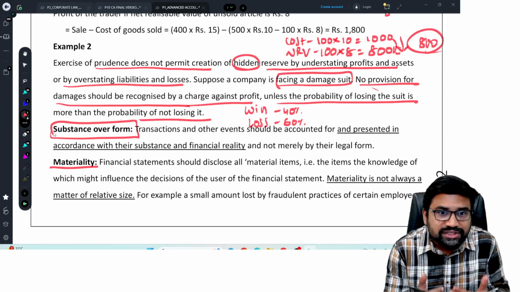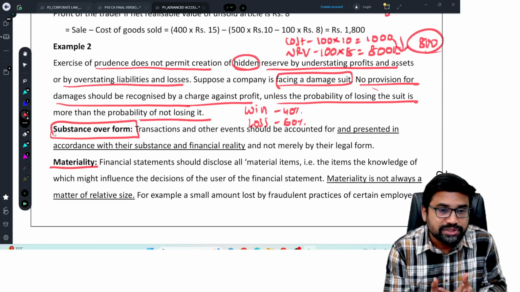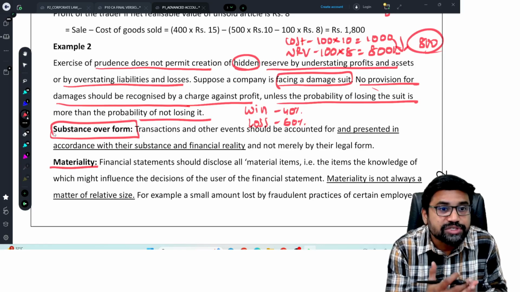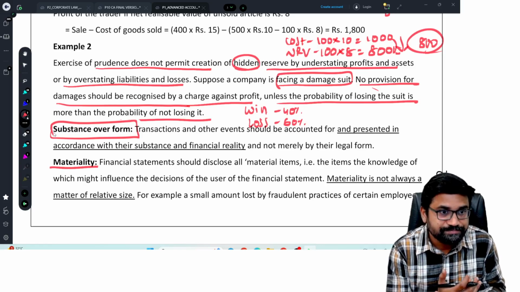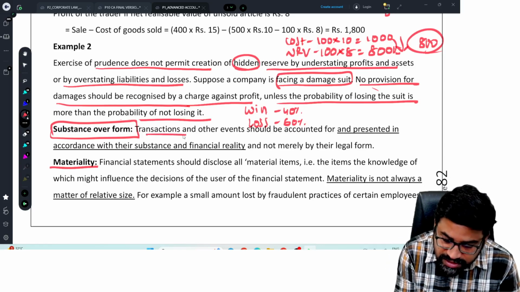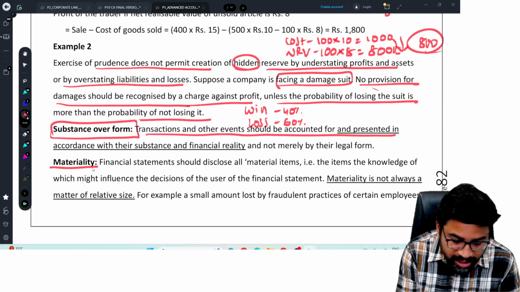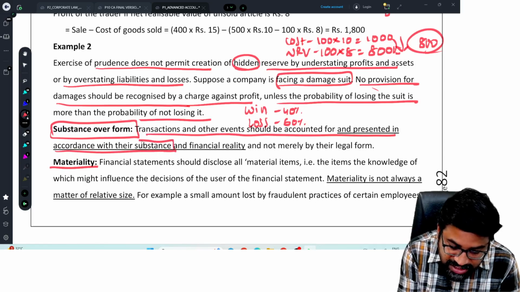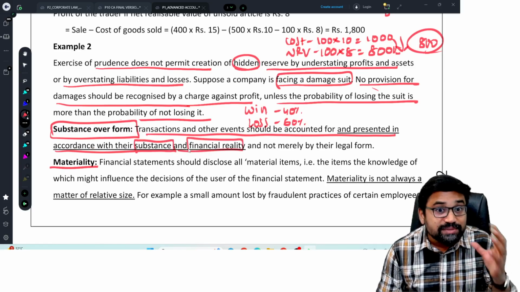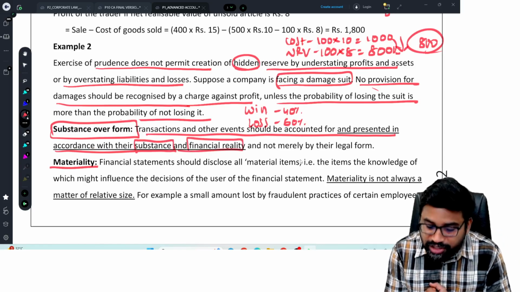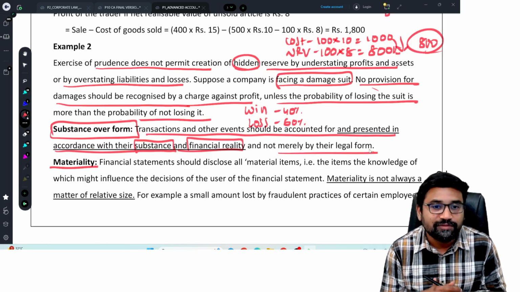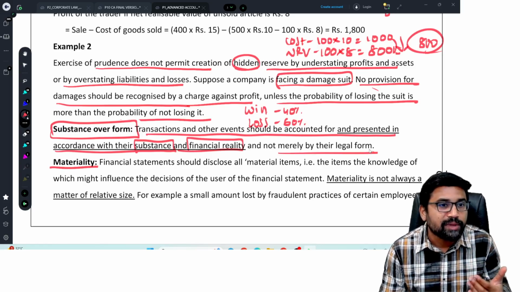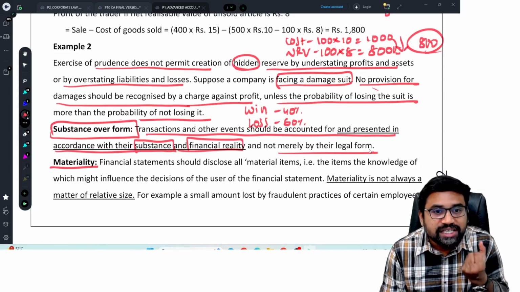Registration of the property is only for security purpose, but we need to see what is the substance, what is the financial reality. So transactions and other events should be accounted for and presented in accordance with their substance and financial reality, and not merely by their legal form. Don't just see the legal formality, see the substance and financial reality.